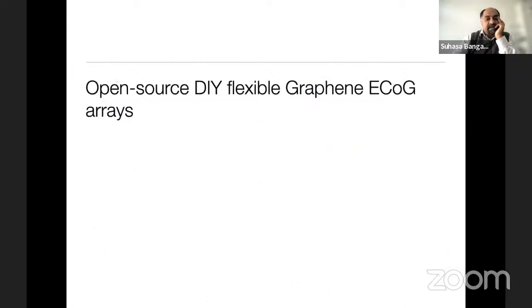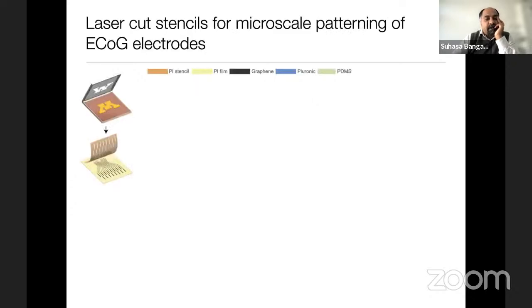And so we've been exploring open source, do-it-yourself, flexible neural recording devices, in this case, a graphene ECOG array. We use essentially a form of printing that's been used in many different applications.